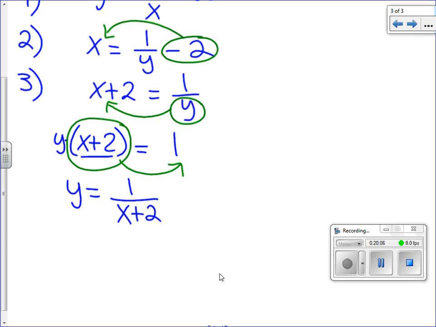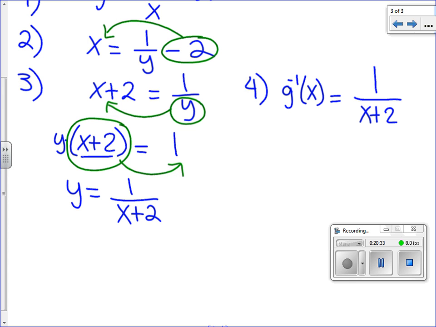Believe it or not, that was a question on my dual credit pre-cal exam. Some students didn't know how to answer. Pretty sad, right? So step number 4, now that we have solved for y, what is our last step? Change it to inverse notation, right? So g inverse of x is equal to 1 over x plus 2.